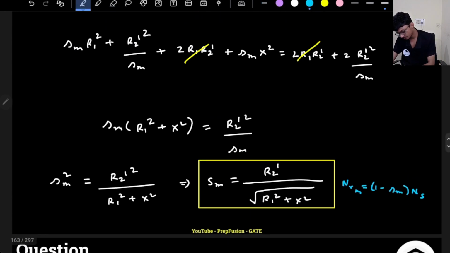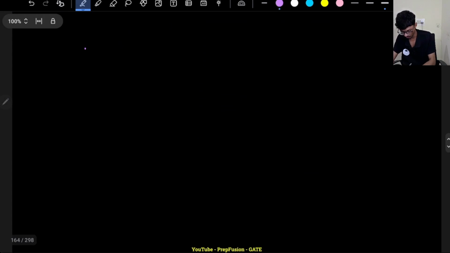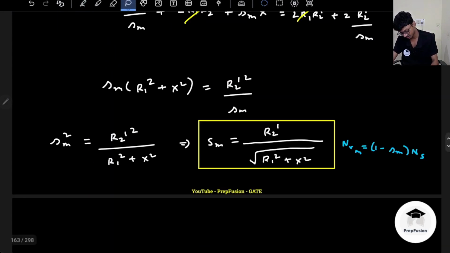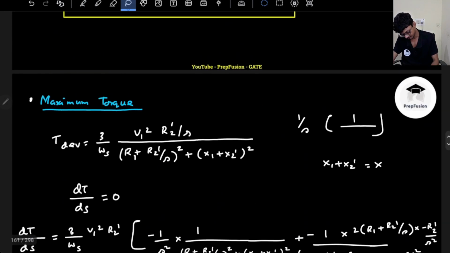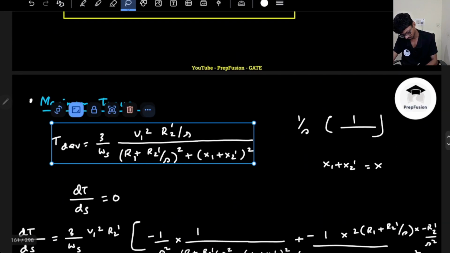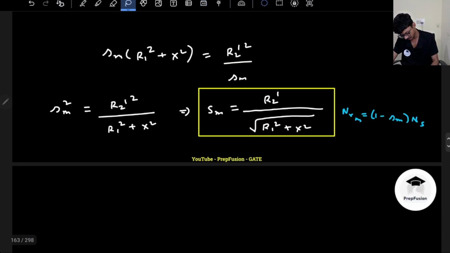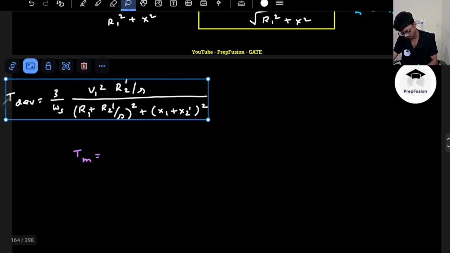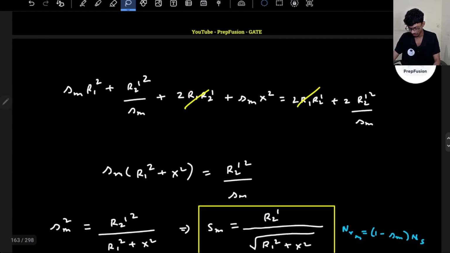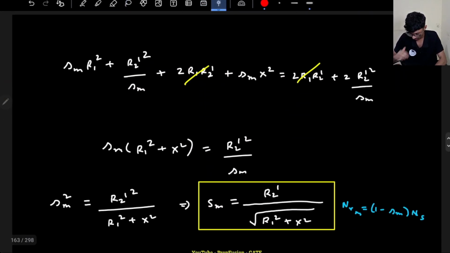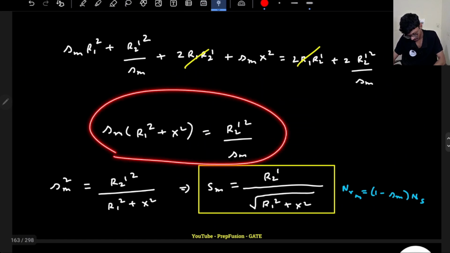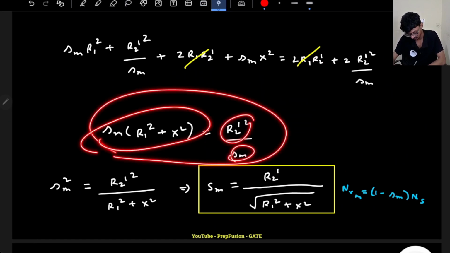Now let me write the maximum torque Tm. So what is the developed torque? Developed torque is this, right? So one thing I can replace over here is that I know this equation, r2 dash whole square divided by sm is this value.